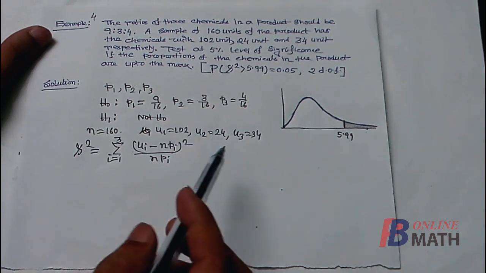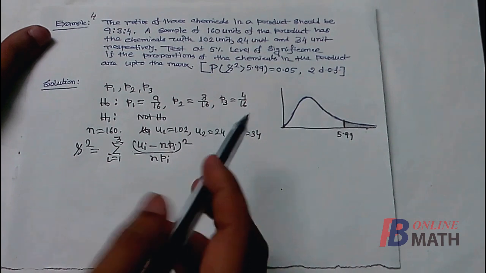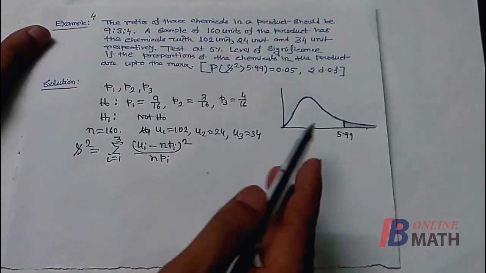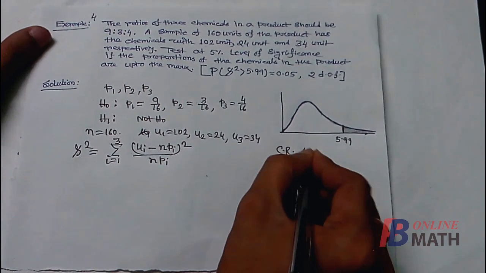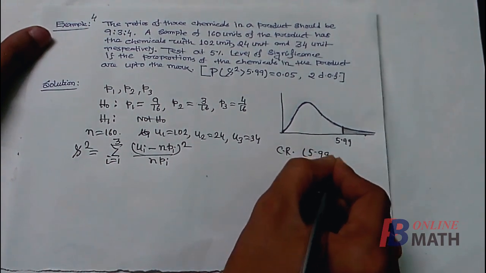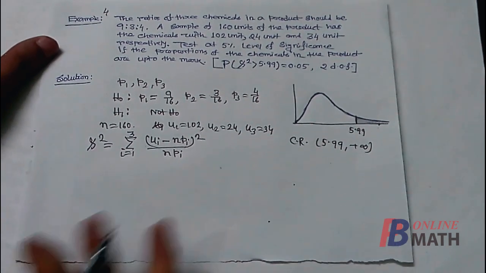Since in the case of multinomial distribution it is only a right tail test, the critical region is 5.99 to plus infinity.